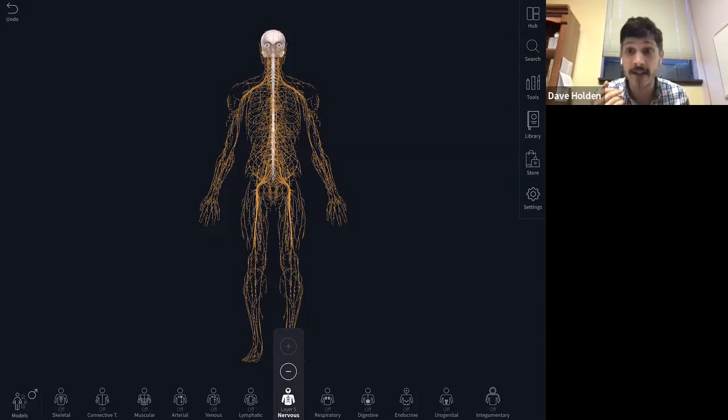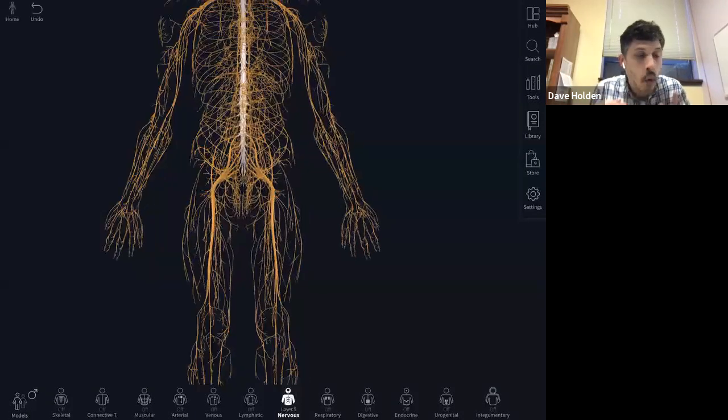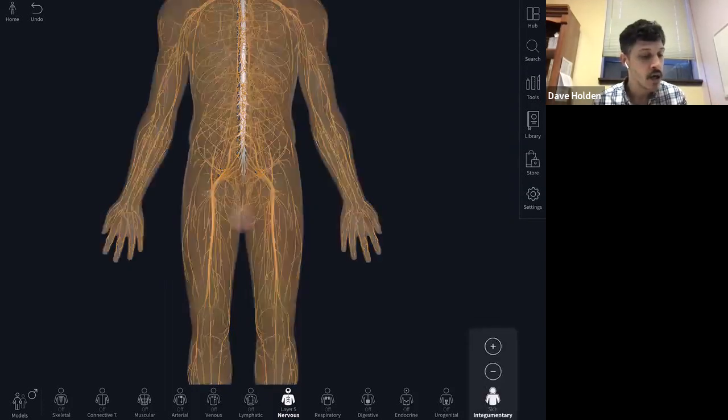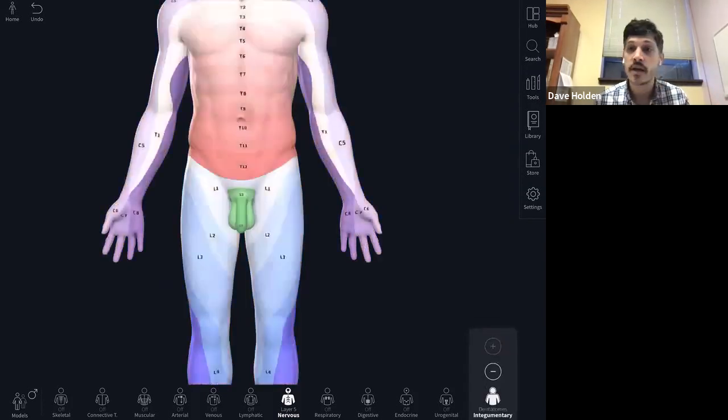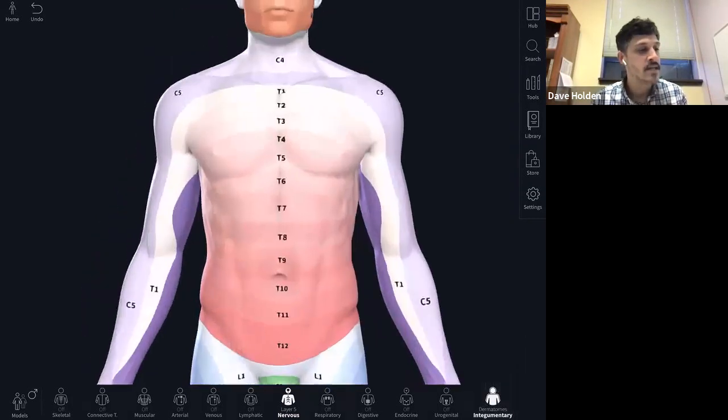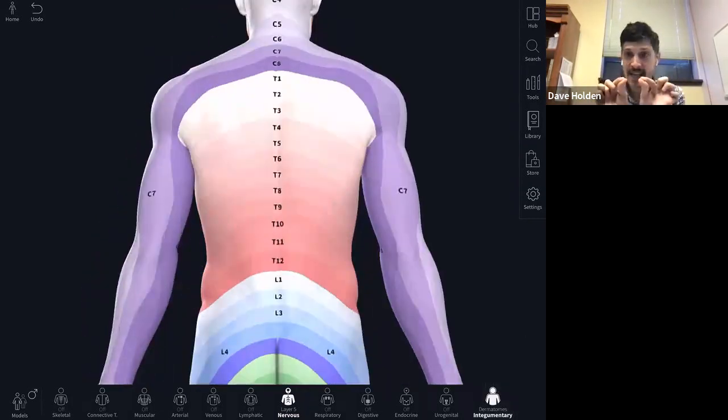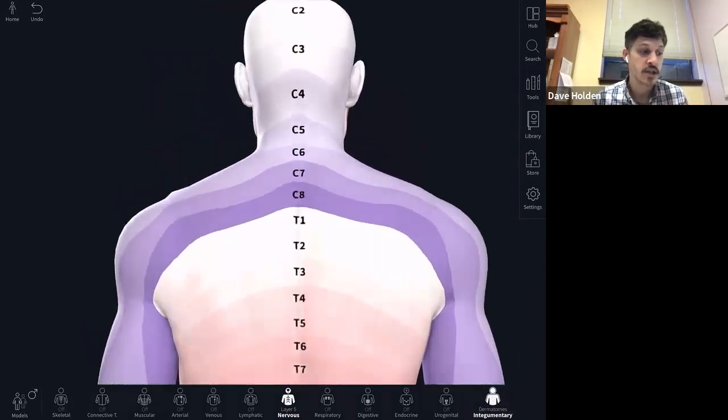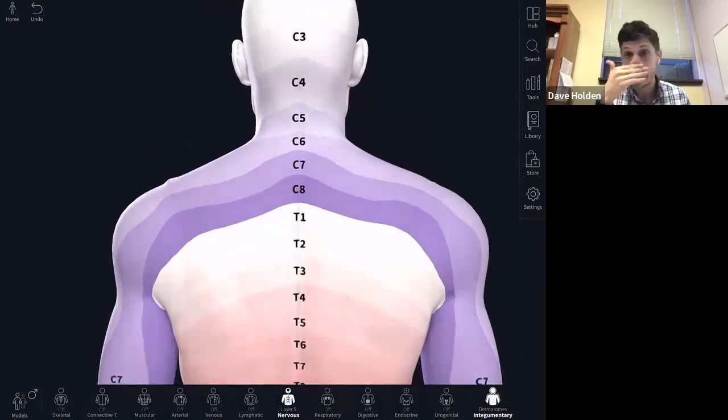Skin is an organ. So the question is, which of these nerve endings is innervating a particular section of skin? And the answer, quite simply, is what a dermatome is. Based on where the nerve segment exits the spine, and you'll see just like spinal segments, right?